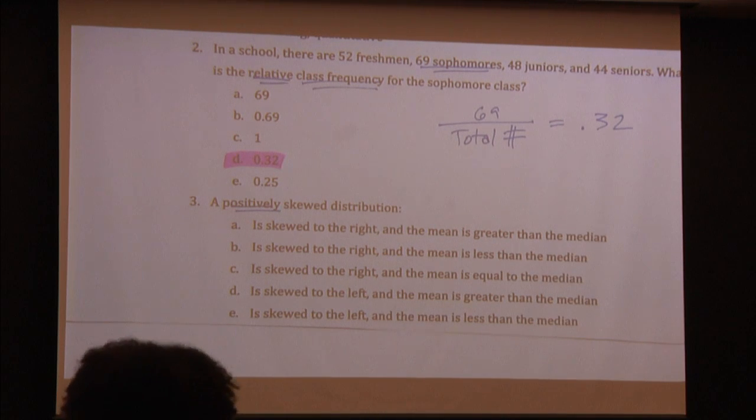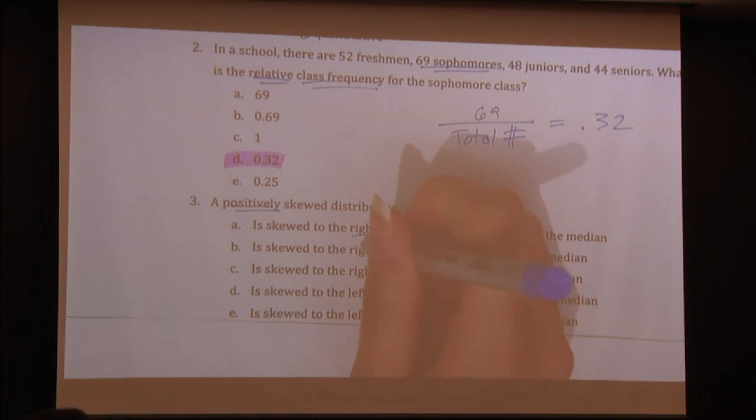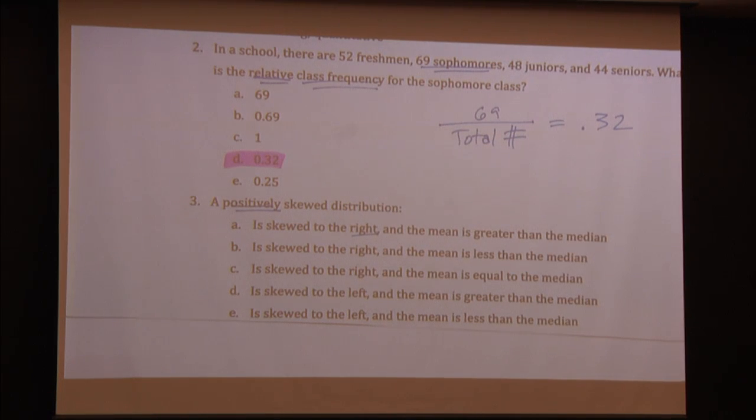Is it A? So explain why it would be A. So a skewed right. So that could be A, B, or C. So when it's positive, the mean moves to the right? That's what you're saying?